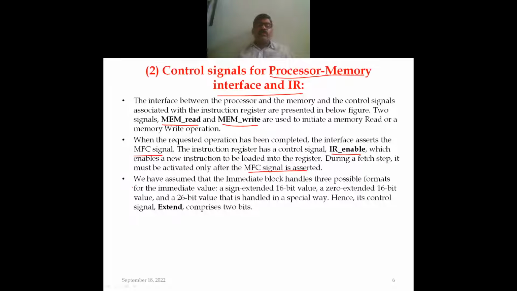Okay, this is what MFC stands for, memory function complete. We have assumed that the immediate block handles three possible formats for the immediate value. The immediate value can be specified in either of these formats: a 16-bit sign extended value, a zero extended 16-bit value, or a 20-bit value that is handled in a special way. Hence its control signal, extend, comprises two bits, indicating what type of immediate value we have used.